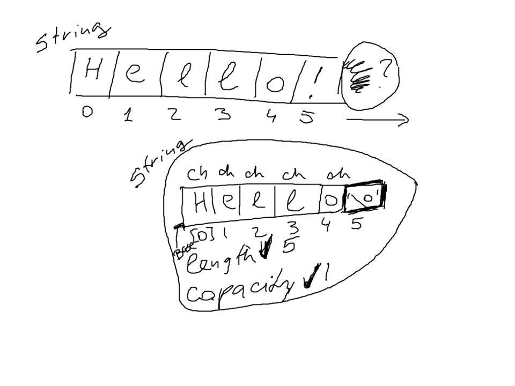So in this case, it's going to be 5, but the capacity might be 16. So all of this information, the array and the properties, which is the size of it, the length of it, and the capacity of the actual current array, is what we call a string. And the string has to be null terminated. So when we are printing something, we keep printing each character until we hit this, and then we must stop.